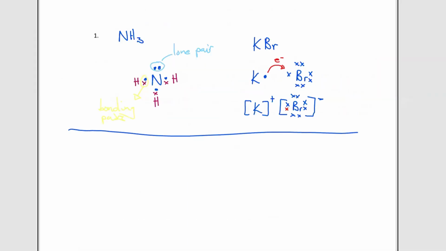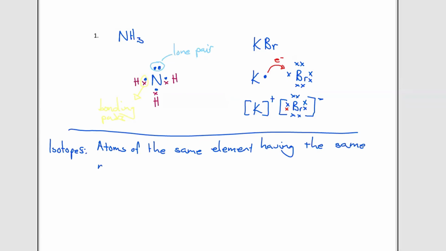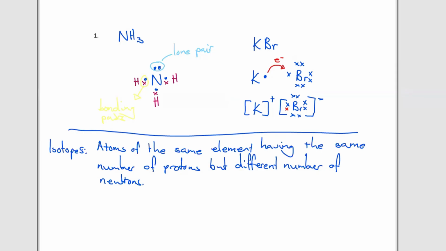Isotopes are atoms of the same element, having the same number of protons but different numbers of neutrons. This is the definition for an isotope.